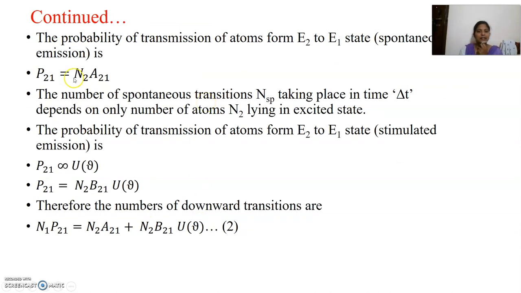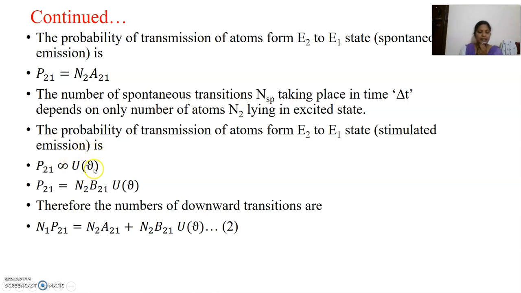Now we'll go for spontaneous emission. P21, that is the atom is coming from E2 to E1. So P21 is equal to N2 A21, that means it depends upon the number of atoms in the excited energy level. This is the equation for spontaneous emission. Now stimulated emission: P21 is directly proportional to the energy density of the incident photon.